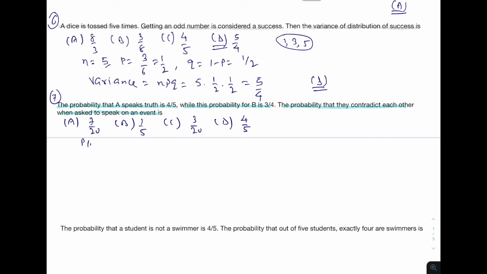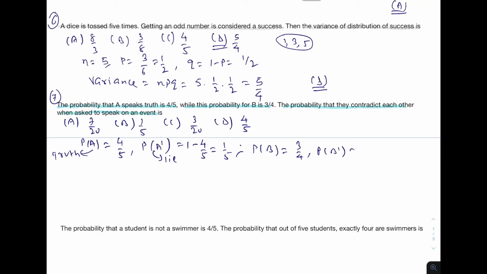Now see, the probability that A speaks truth is 4 by 5, and so the probability that A speaks a lie is 1 minus 4 by 5, which is 1 by 5. In the same way for B it is 3 by 4, and P of B dash is 1 minus 3 by 4, so it is 1 by 4.